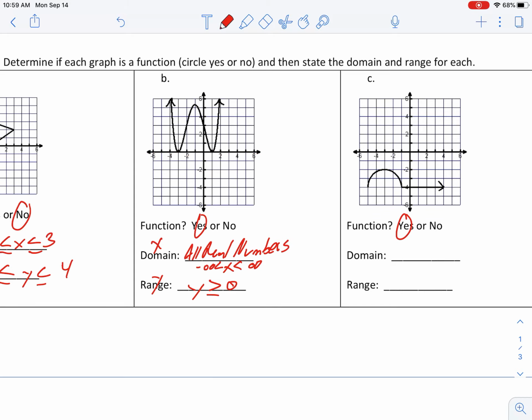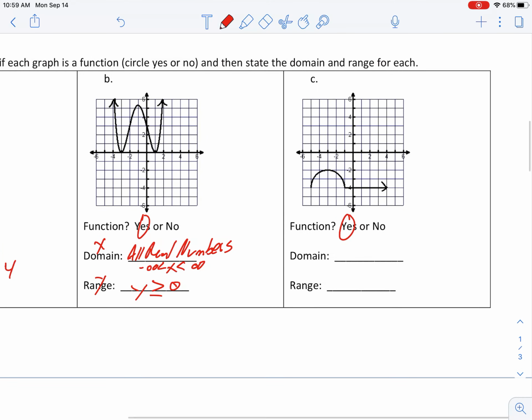So I'm going to keep that as an equal to. Letter C, the domain is x. Now here, this one does not go out to negative infinity. There's no arrow there. So we do have a wall, like a left bookend, starting there at -5.